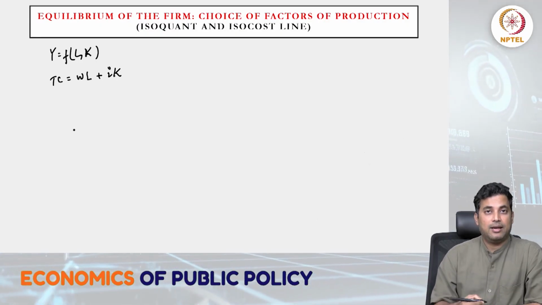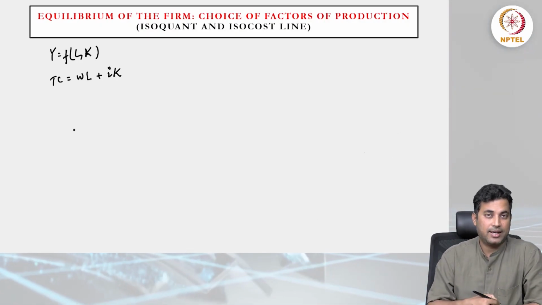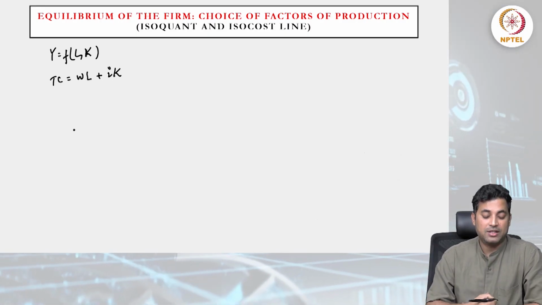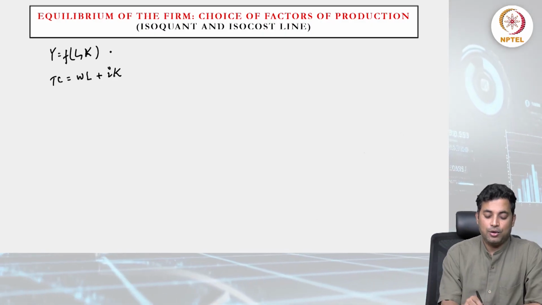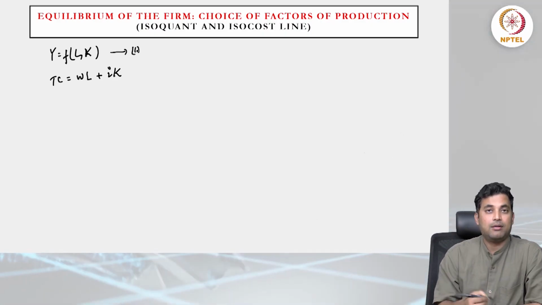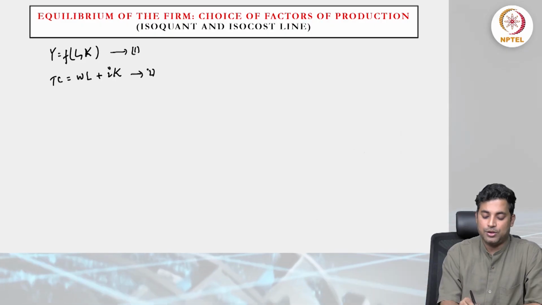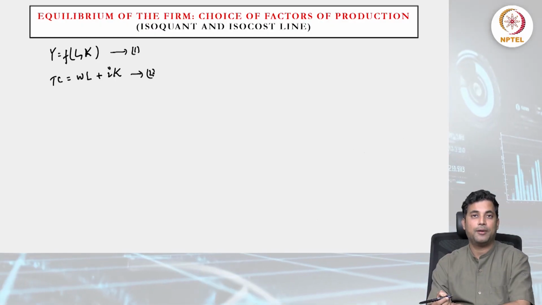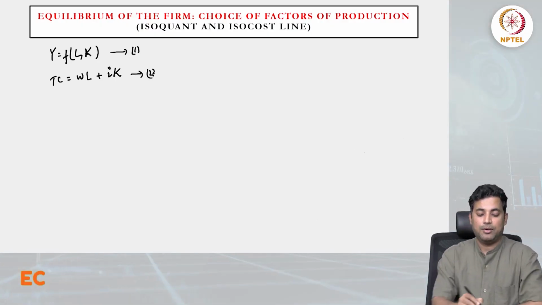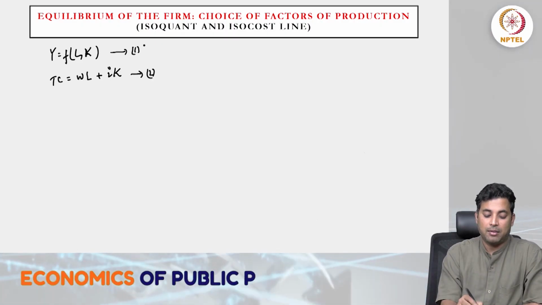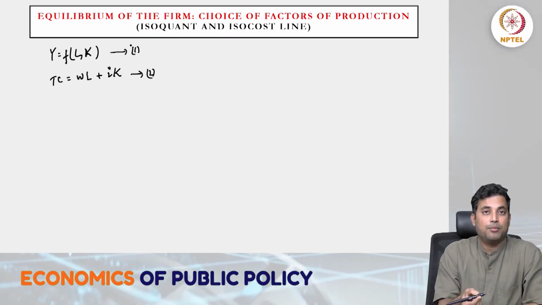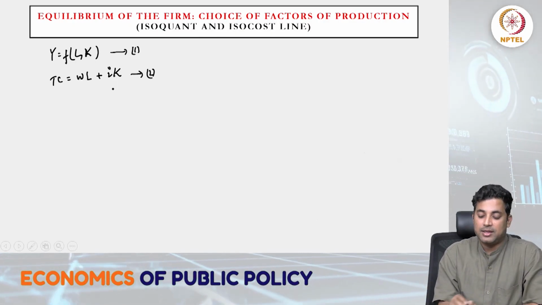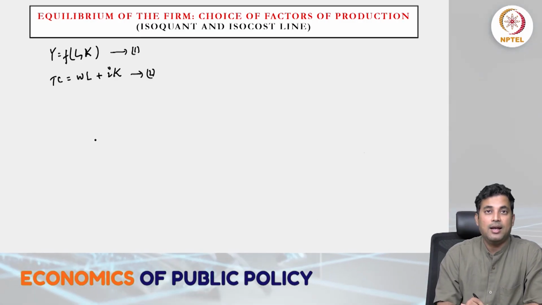TC is basically a similar feature to what we already know from our budget line constraint. So this is the production function, equation 1, and equation 2 is the cost function for the producer. The isoquant we get from the production function, and this total cost is represented by the iso-cost line.